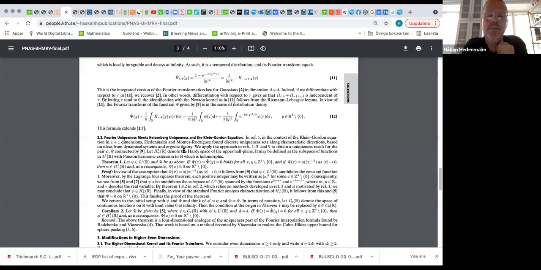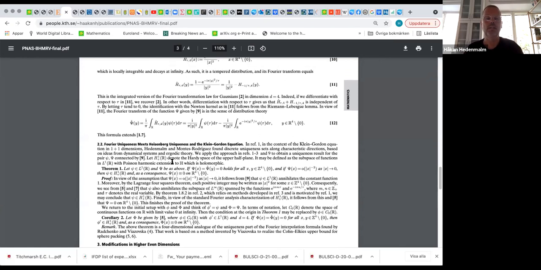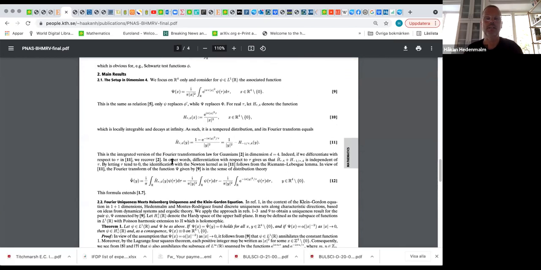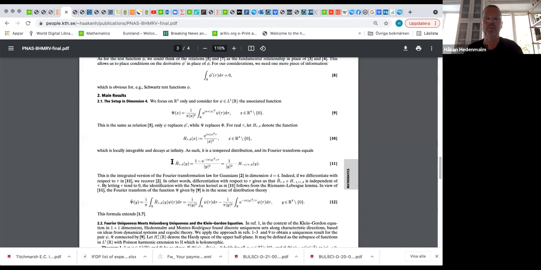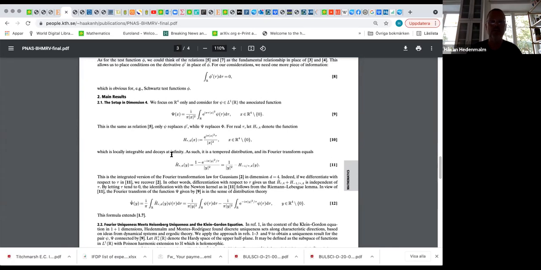So that's the kind of thing that happens. It connects nicely the behavior on spherical, well, radial functions, so the behavior along the spherical shells of functions and their Fourier transforms.